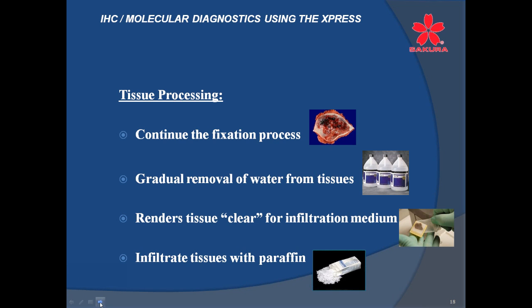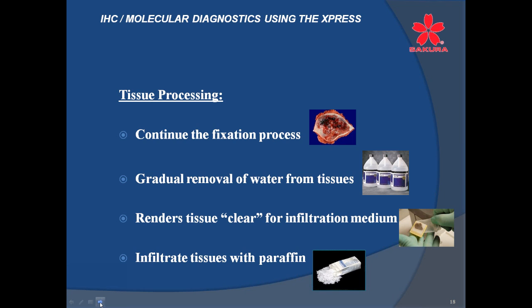Tissue processing then continues the fixation process. Hopefully tissues are in fixative well enough and get well fixed before they move on to dehydration. You certainly don't want your tissues to be half and half, so to speak, and then finish the fixation process in the alcohol, because your staining results of IHC would be very much different as opposed to having it well fixed with formalin.